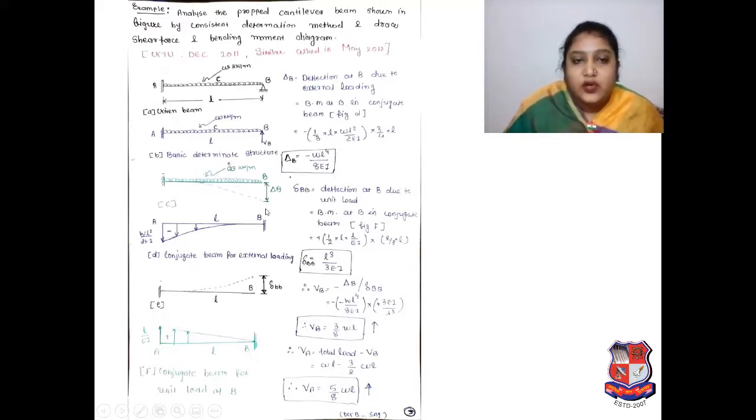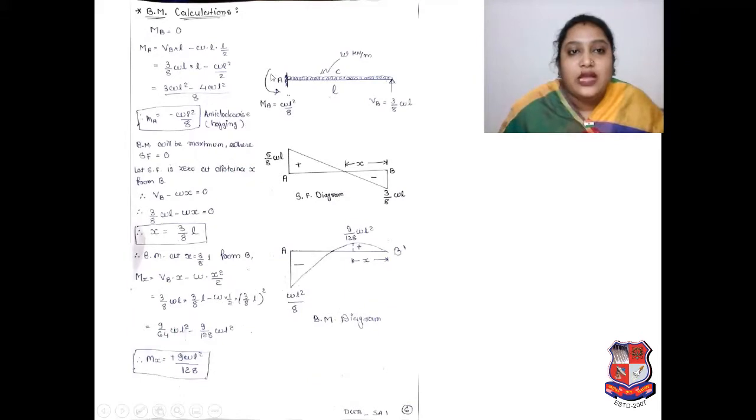So what is our total load? W into L. Okay, minus our 3 by 8 WL. So VA will be 5 by 8 WL in the upward direction. Now whatever values we have derived, as per that and as per the problem statement, we have to go for the shear force and bending moment diagrams.